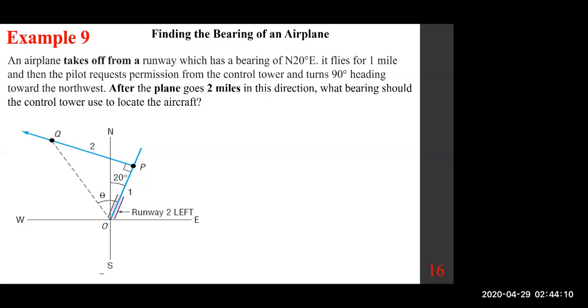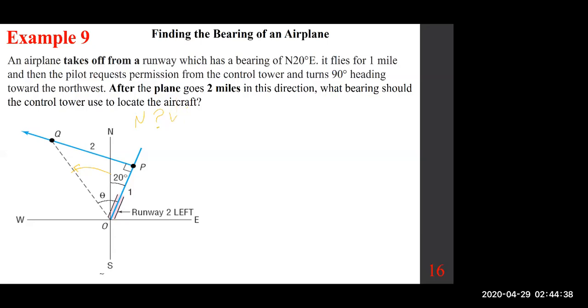So I hope you see that. Now we are going north. So this is the angle, north, the angle, which we don't know, west.